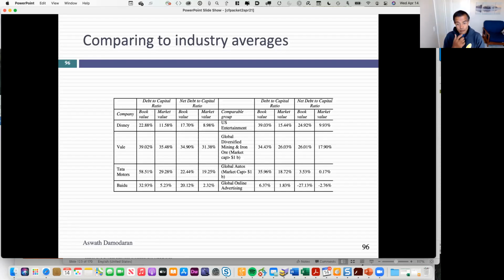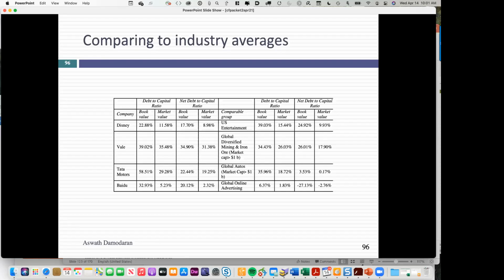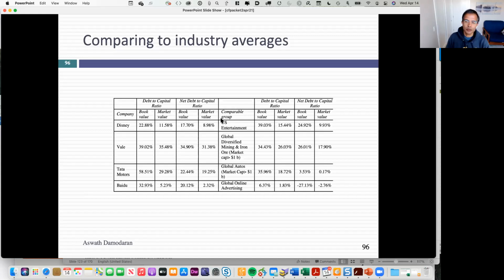Ashwin? Professor, sorry if I missed this, but looking at Disney's comparable group, I know Disney is also in different industries. So would it make sense to do something like we did with the unlevered beta, where we look at the different industries they're in? Don't go unlevered beta. If you want to bring in the different industries, break them down by division.